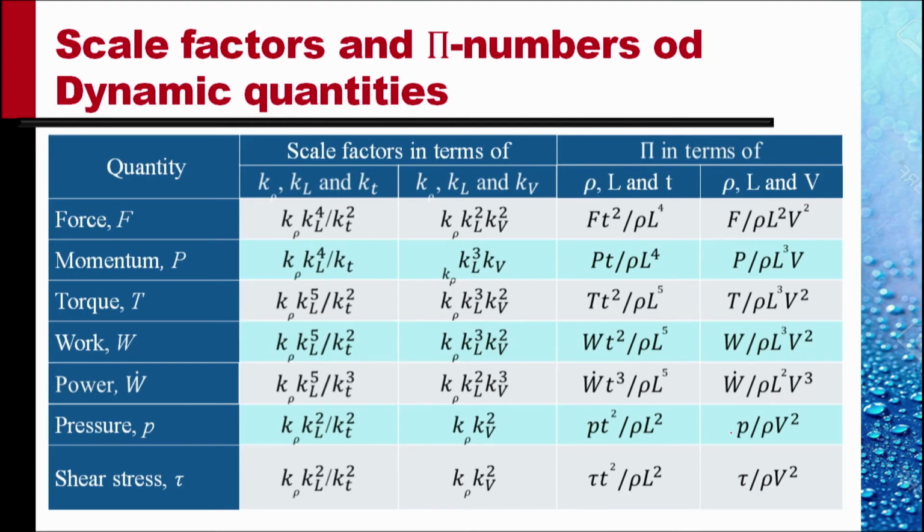Here we have listed various dynamic quantities like force, momentum, torque, work, power, pressure and shear stresses. We have first written the scale factors in terms of K rho, KL and KT, and then in terms of K rho, KL and KV. And then from these scale factors relation, we have developed the pi numbers.